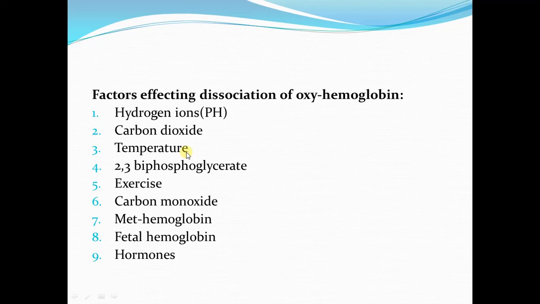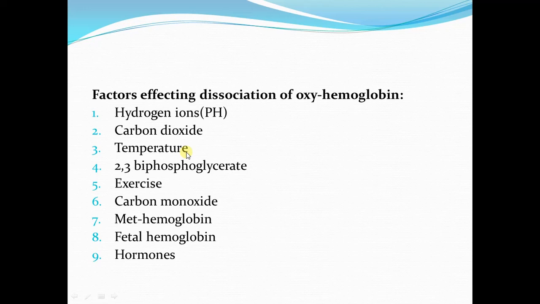Increased production of heat in the exercising muscle raises the temperature by about 2 to 3 degrees, and this helps in unloading a greater amount of oxygen to the tissues during exercise. So increased body temperature causes dissociation of oxygen from the hemoglobin, and it facilitates the delivery of oxygen to the tissues.